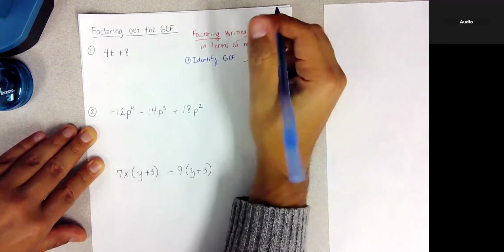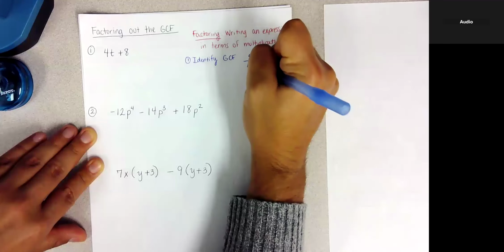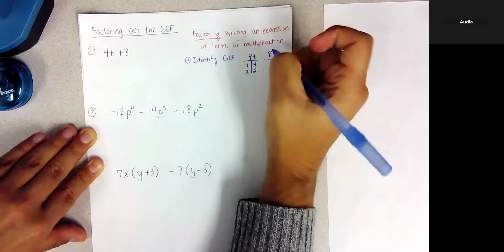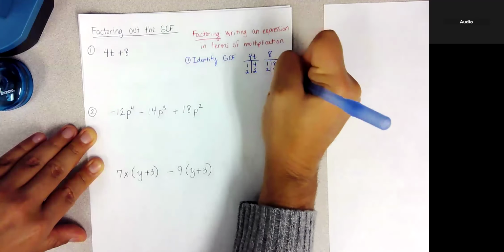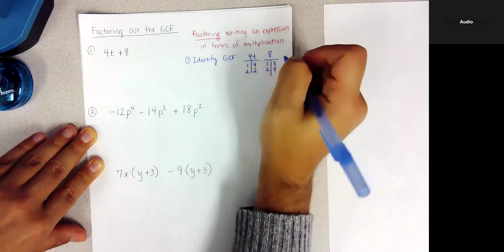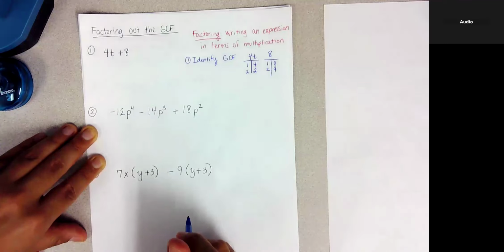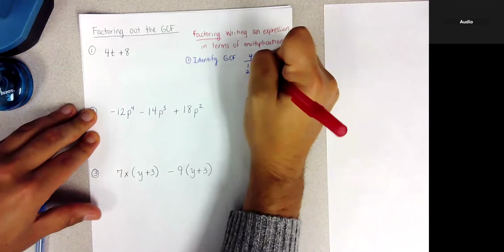So 4t, we know it has a factor of t, and we also know that 4 can be written as 1 times 4 and 2 times 2. We know that 8 can be written as 1 times 8, 2 times 4. 3 doesn't divide into 8, and then we're back at 4. So there we go. We have our two t-charts. The greatest common factor between those two terms is 4.